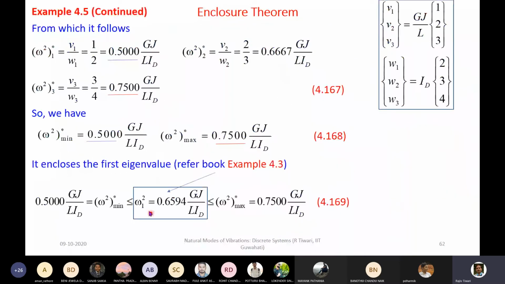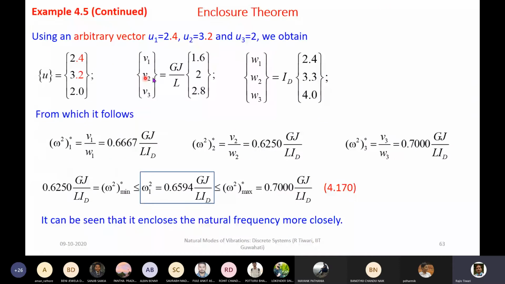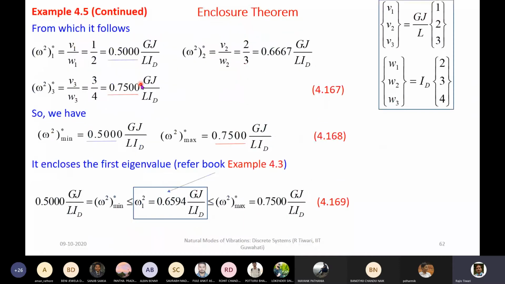Now let us see. Here, whatever range we had was slightly wider, 0.5 to 0.75. If we fine tune the U we have chosen, then this range may become narrower.